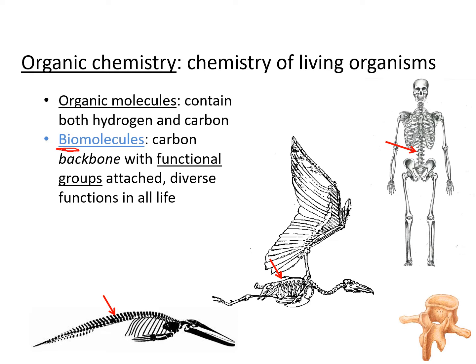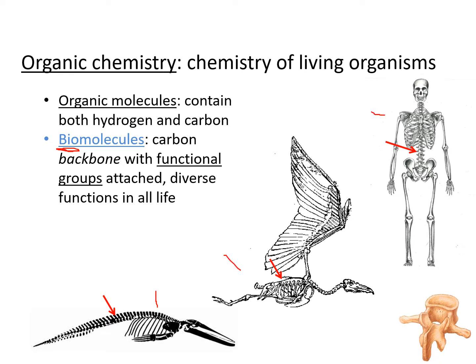And so what all of these biomolecules have in common is that they have what is called a carbon backbone with functional groups attached. In order to understand this, let me relate these biomolecules with their backbones and functional groups to vertebrate organisms. Okay, so what we can see on this slide is a whale down here, we can see a bird, and of course we can see a human over here.